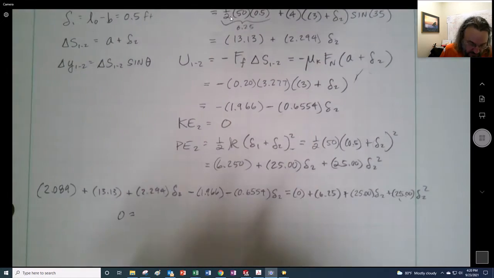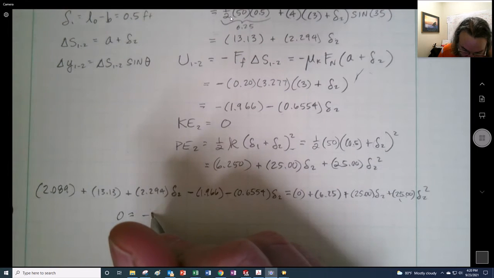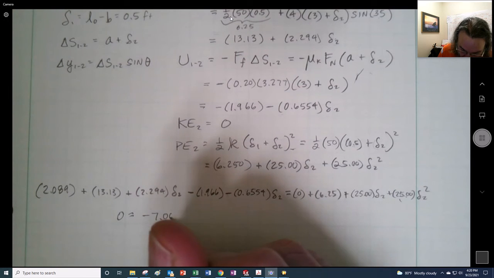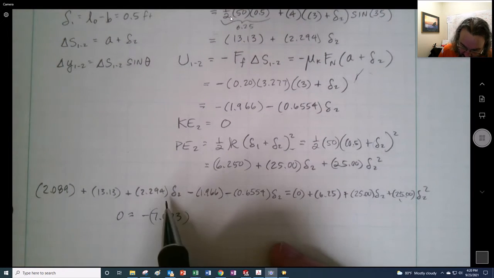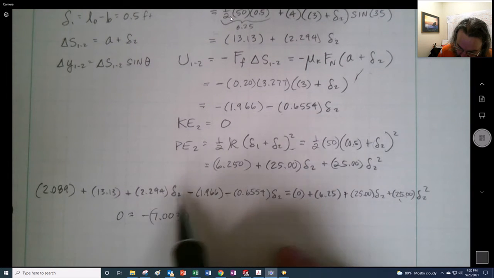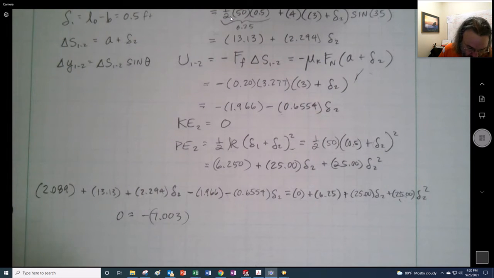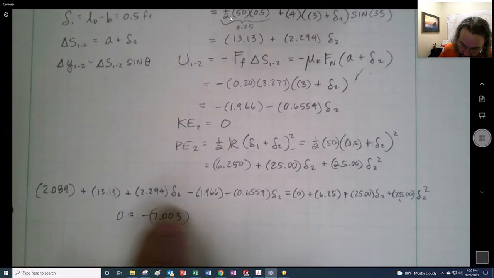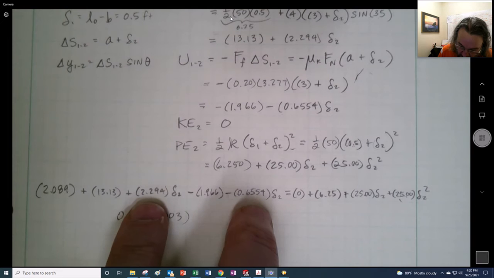Makes me nervous, but it's going to have to go. It's going to have to be a negative number. Negative 7.003. Right, so put them over on the right-hand side. Now let's go all the ones that are del's, and we're going to put those on the right-hand side. So we start out with 2.294 minus 0.6554. Right there.